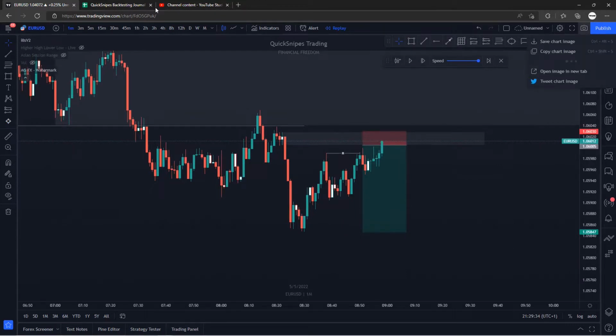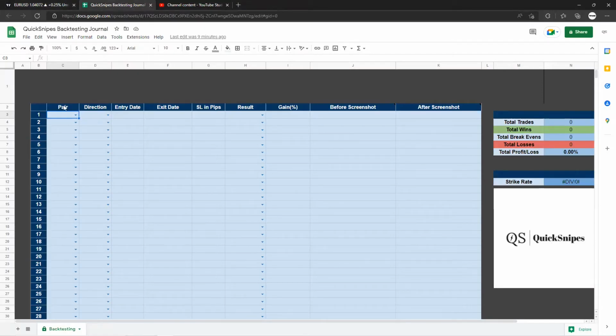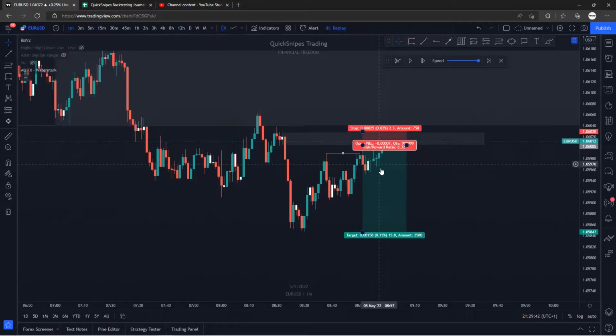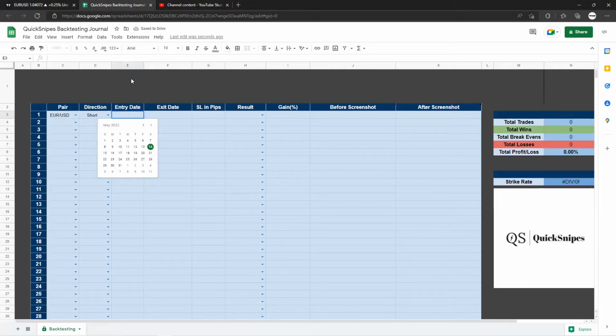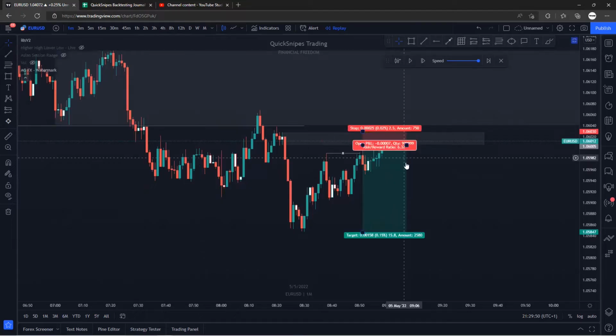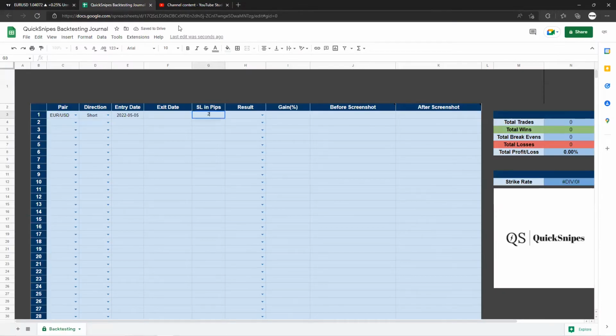So now I can mark that up. Entry date would have been 5th of May. Stop loss was 2.5 pips. Before screenshot there.